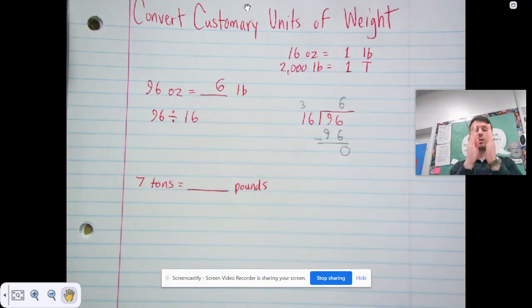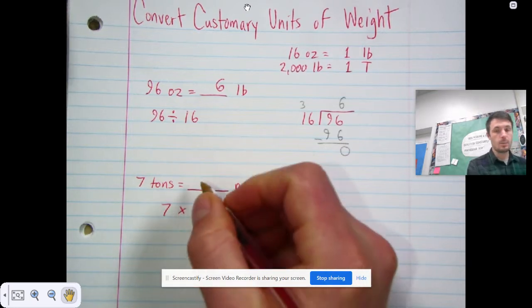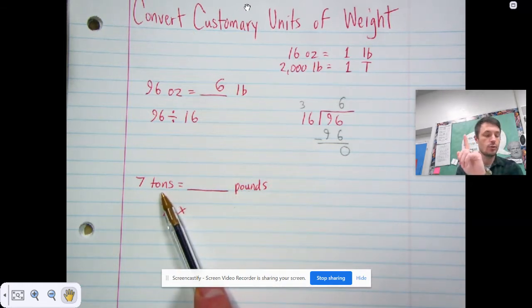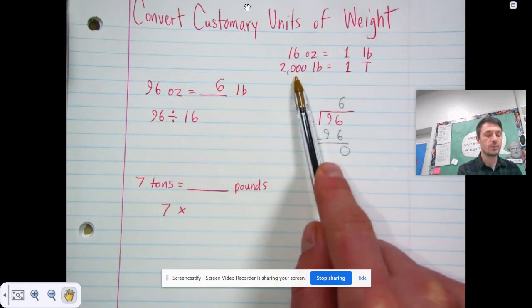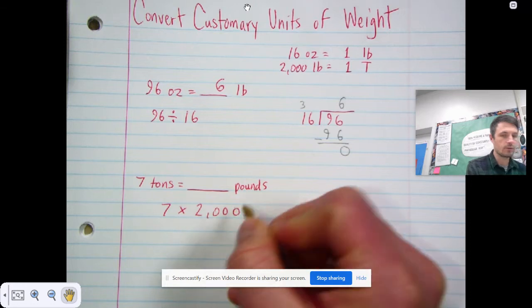That's bigger to smaller, so we're going to multiply. So it's going to be 7 times what? Well, 7 times the amount of the smaller unit that can fit into one of the larger unit. Since there's 2,000 pounds in 1 ton, it's going to be 7 times 2,000.